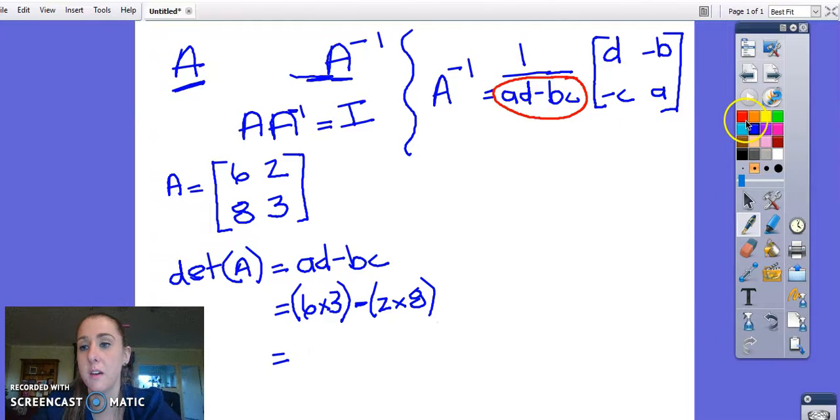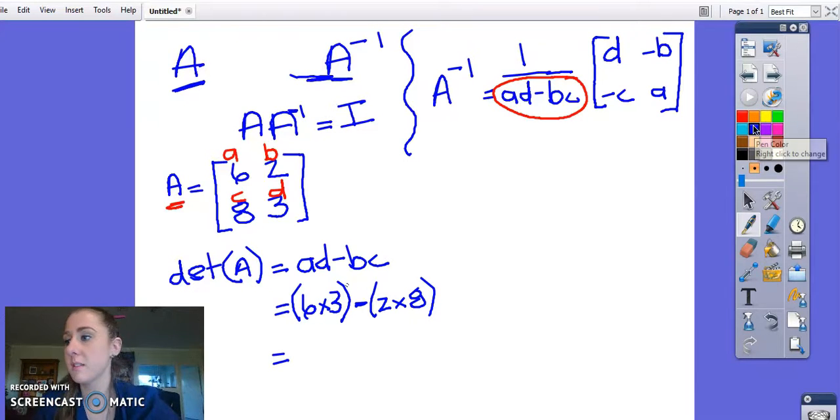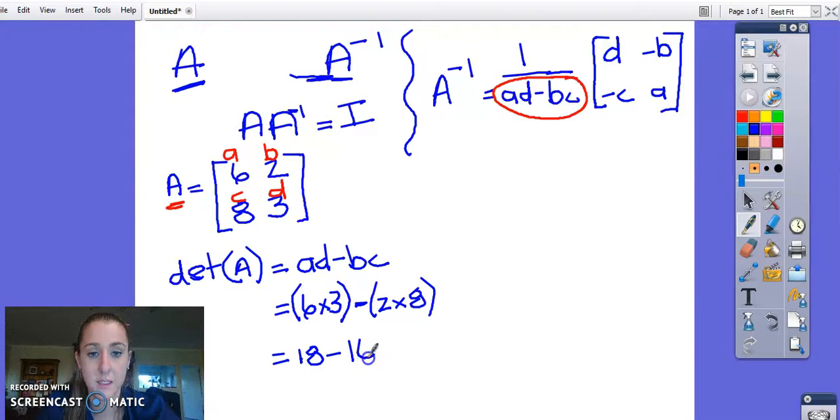Remember that we're working with A, B, C, D in our original matrix. If we work that through, that will give us 18 minus 16, which gives us an answer of 2. So we know that that's our determinant.